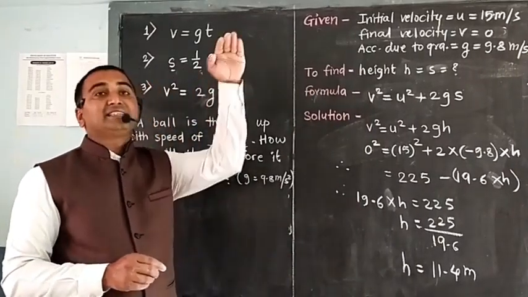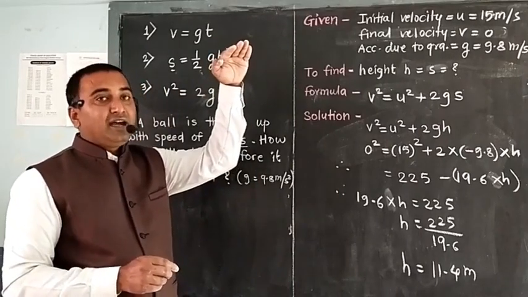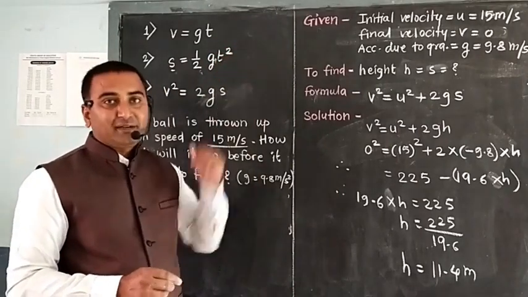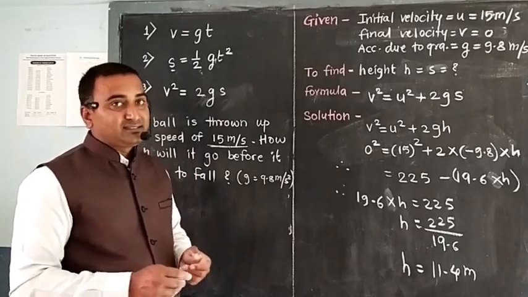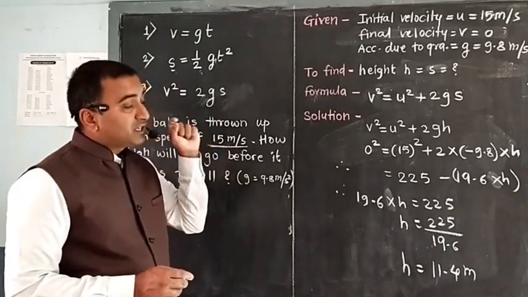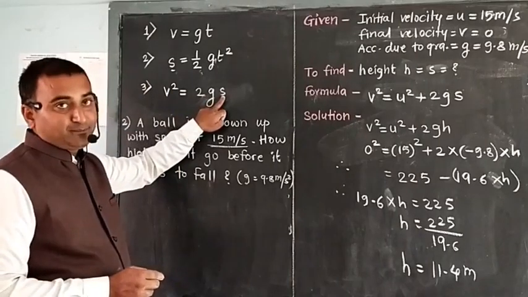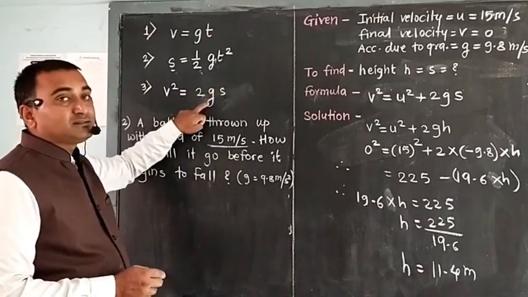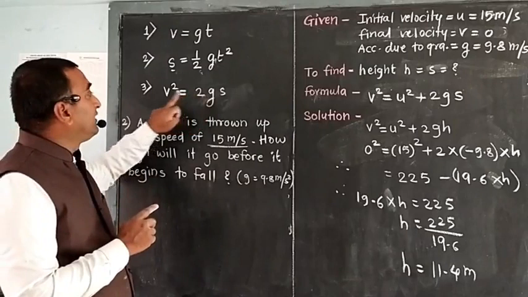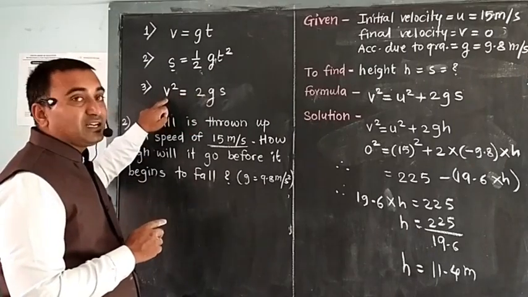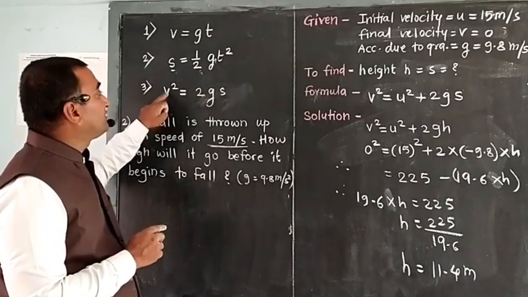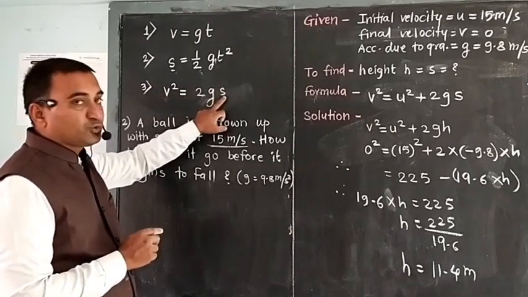So what height will it reach? That is the displacement, h is equal to s. Which equation should we use here? We have the displacement, we have the acceleration due to gravity g, and the final velocity also. The height is what we should find.